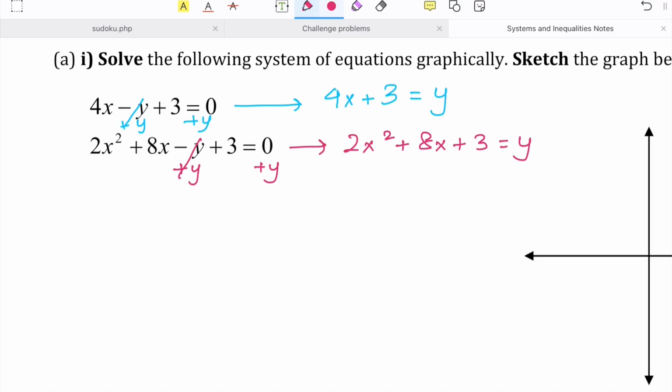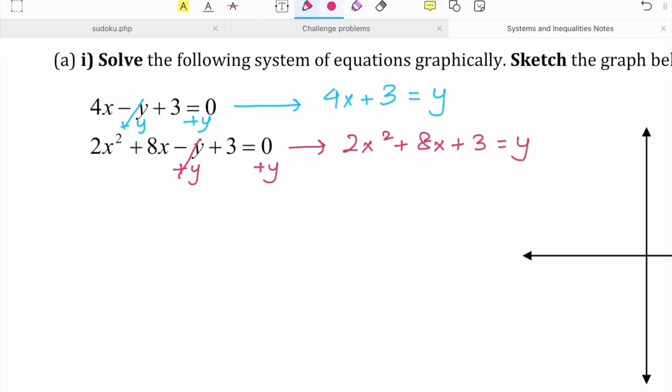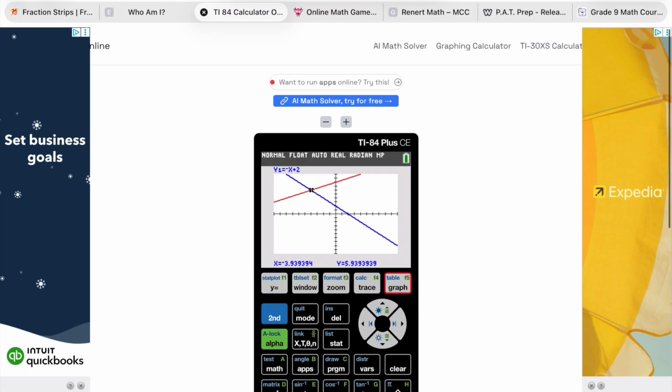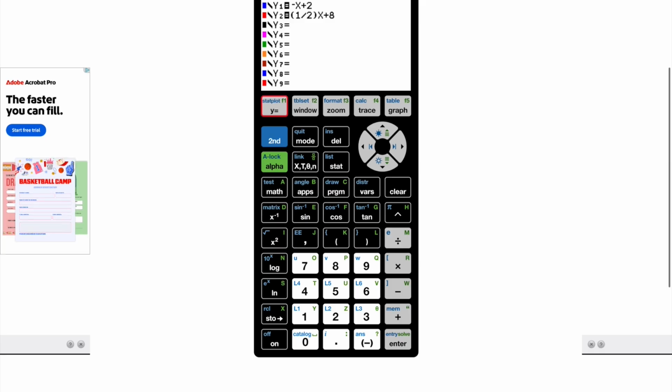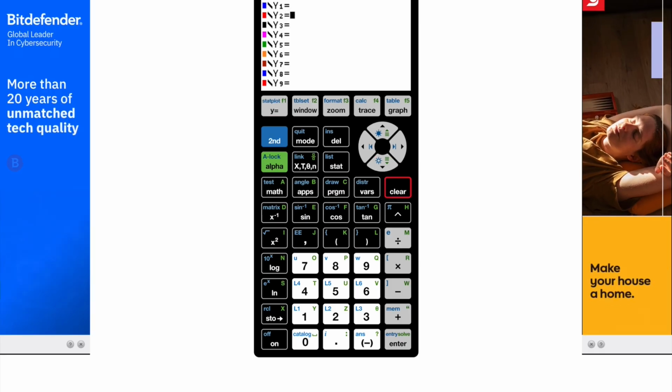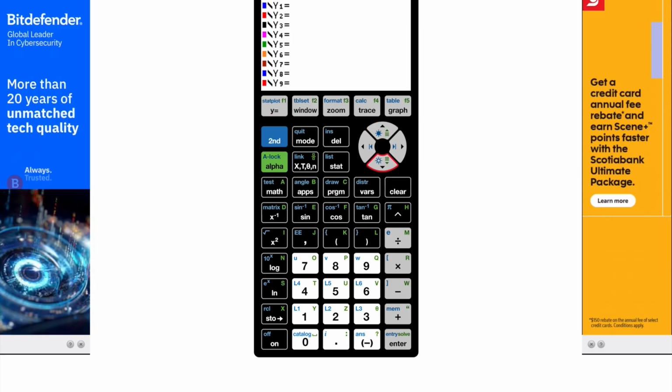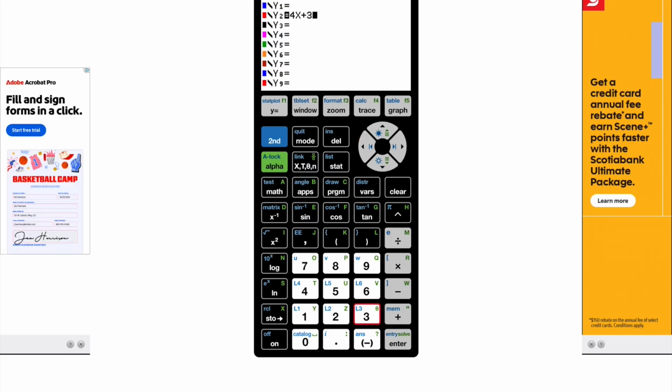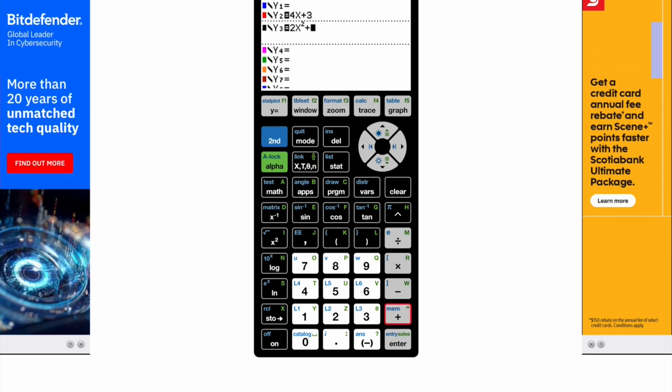Right? Now, the second step is to input it in my graphing calculator. So let's do that. y is equal to, let's clear this up. The first one is going to be 4x plus 3. And the next one is 2x squared plus 8x plus 3, and we graph it. So this is what our graph looks like.